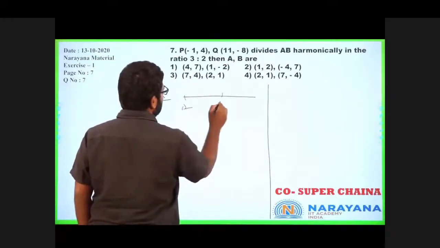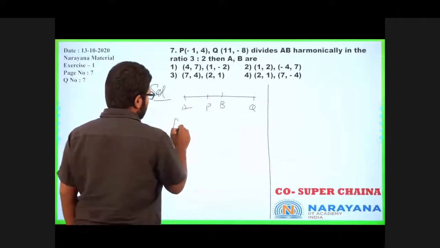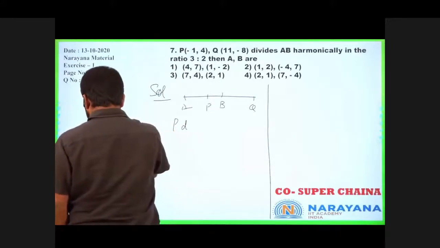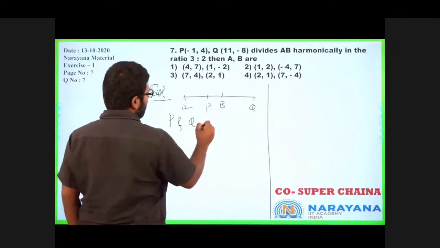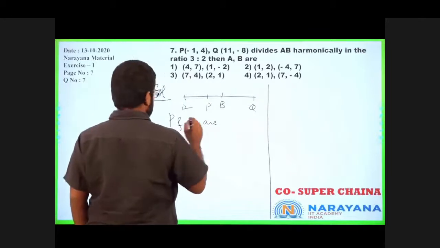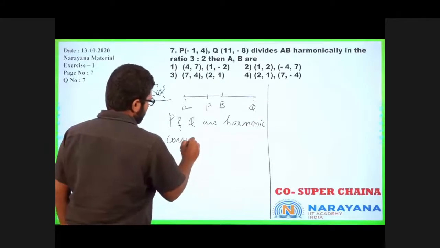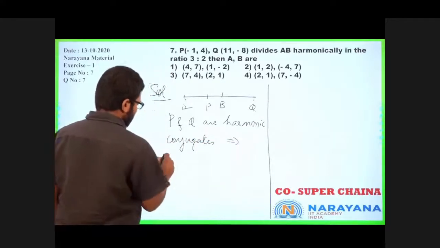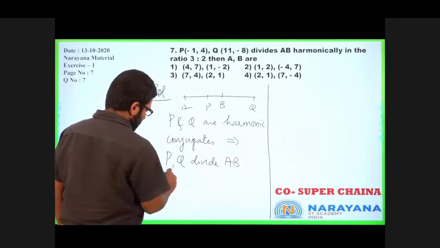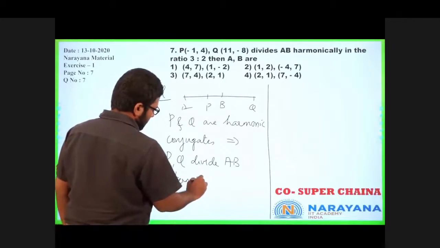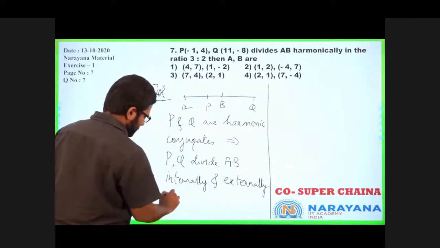If you take points A and B and P and Q, P and Q are harmonic conjugates, which implies P and Q divide AB internally and externally in the same ratio.